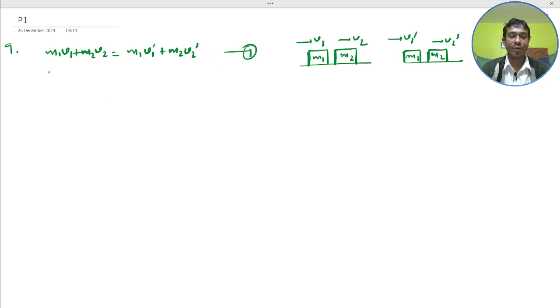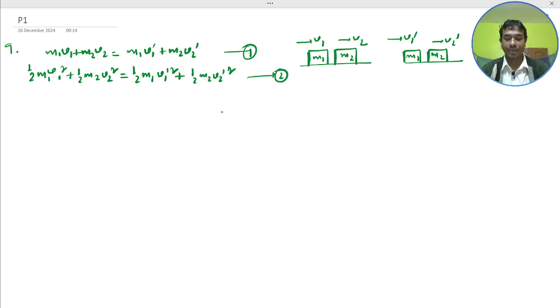This is equation 1. The kinetic energy will also be conserved for the elastic collision: half m1 v1 square plus half m2 v2 square equals half m1 v1 dash square plus half m2 v2 dash square. This is equation number 2.